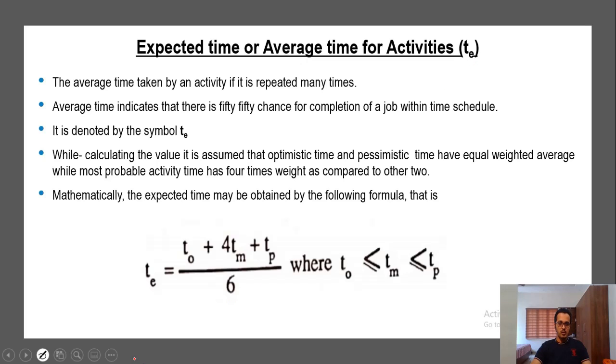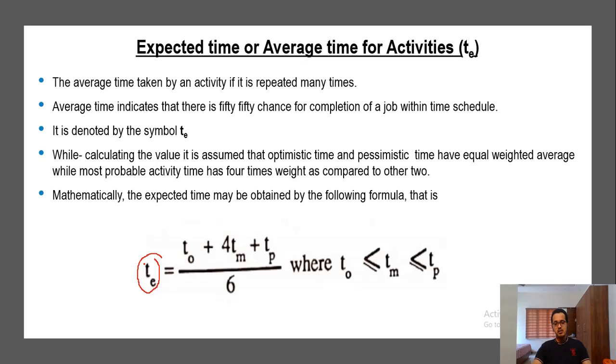We have this formula here. The expected time can be calculated by the formula TE = (TO + 4TM + TP) / 6, and this value is equivalent to the duration that we used for the critical path method.